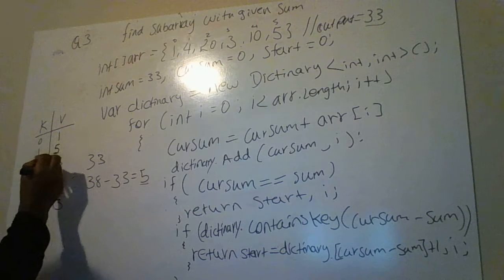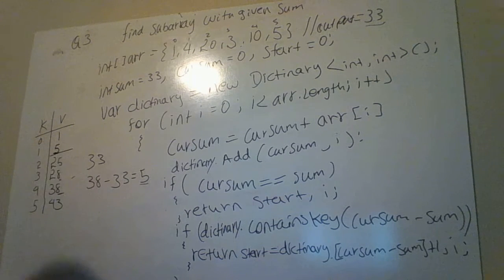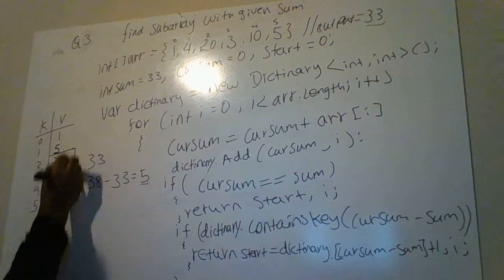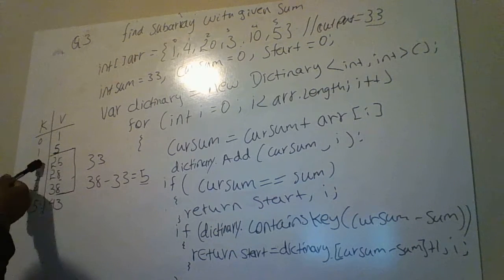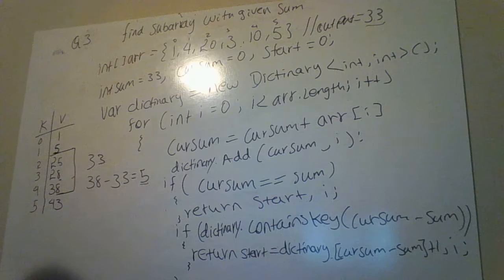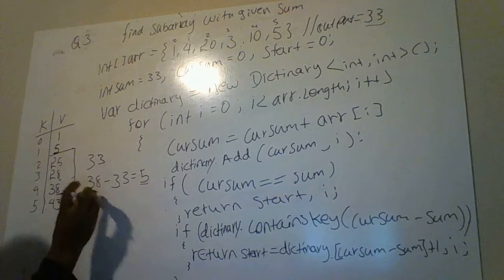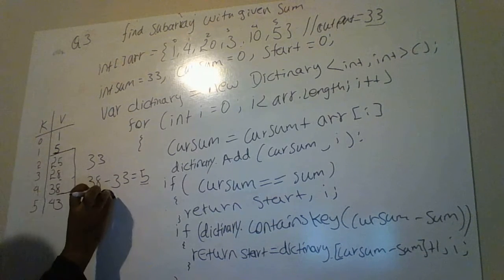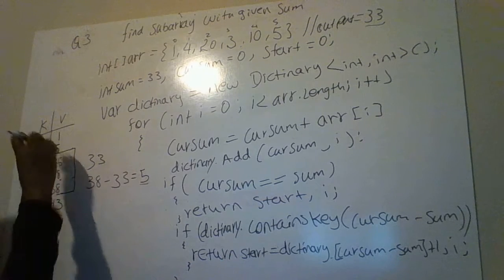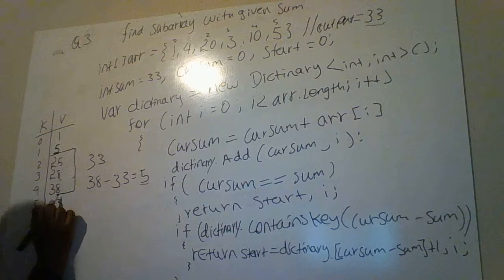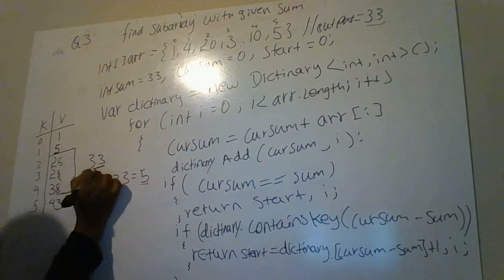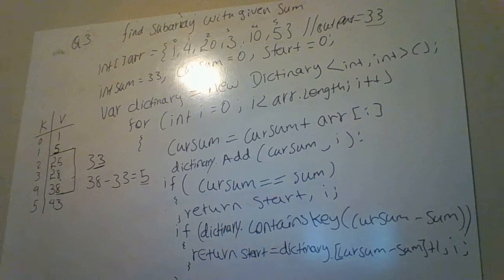So I'm gonna ignore whatever I have there and then return the indexes for index 2 and index 4. That means when I subtract 38 minus 33, it gives me 5. So I don't want anything up to 5. I want to subtract 5 from 38, and in that case I would get 33.